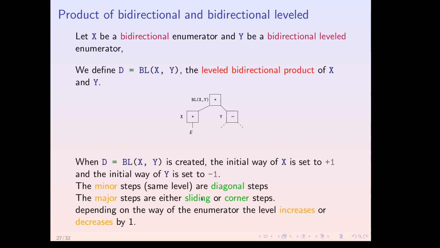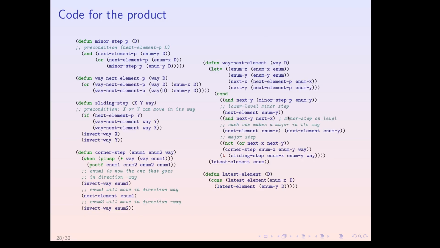We will have major steps that will be either sliding or corner steps. And depending on the direction of the main enumerator, the level increases or decreases by 1. Okay, this is the code to implement it. We have to implement the next element operation, and it includes normal steps, sliding steps, and corner steps.